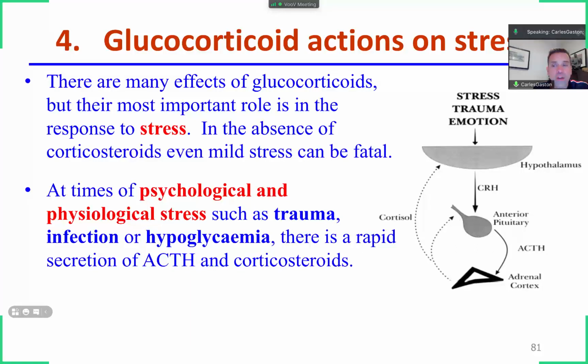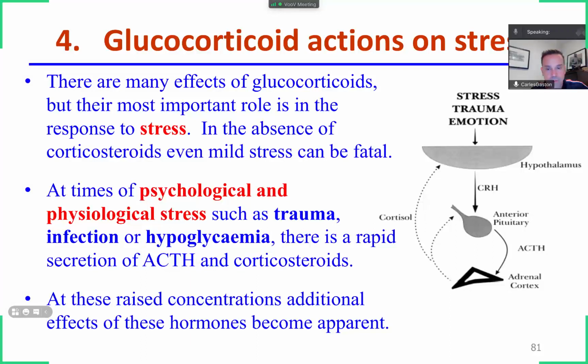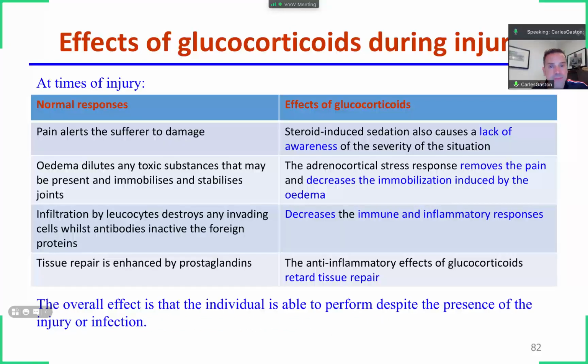At times of physical and psychological stress, such as trauma, infection, or hypoglycemia, there is a rapid secretion of ACTH and corticosteroids. This raises the concentration, and additional effects of hormones become apparent.